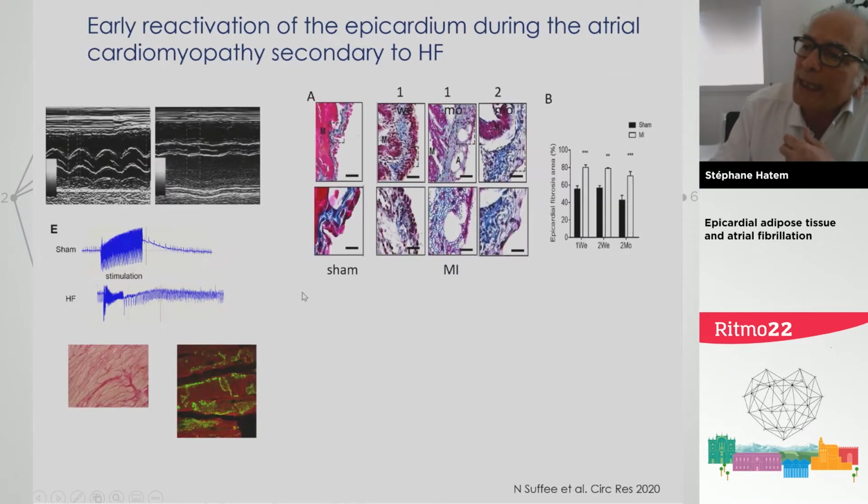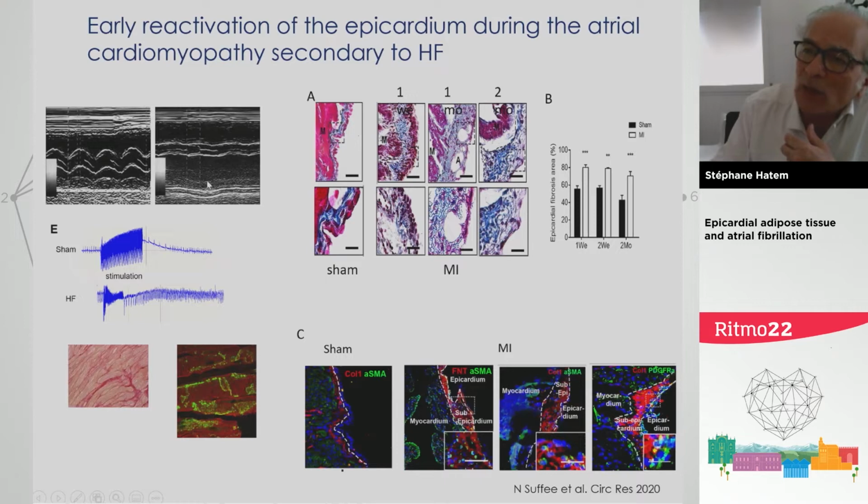So we developed mouse and rat models of the atrial cardiomyopathy associated with heart failure, which is a classical condition where you reproduce the atrial remodeling, the vulnerability to atrial fibrillation in small animals. And you can see that very early after the beginning of the atrial cardiomyopathy, you get the reactivation of the epicardium with first an adipogenic transformation and then fibrosis.